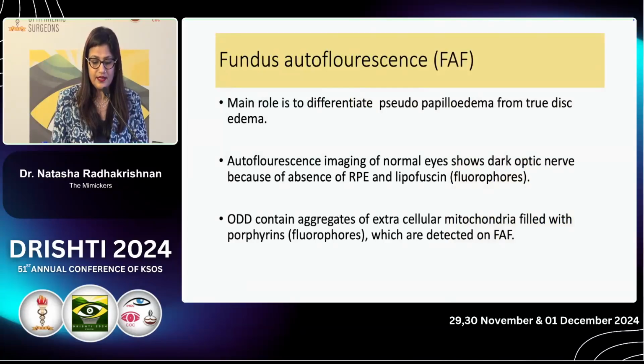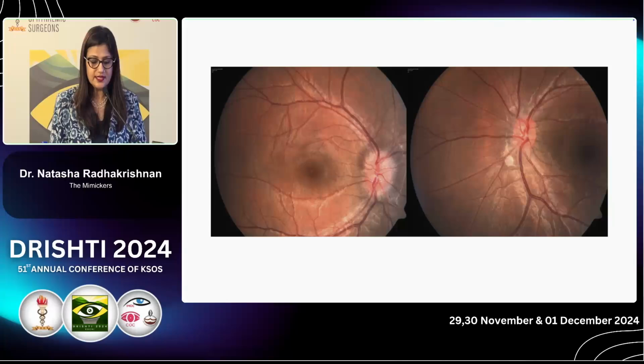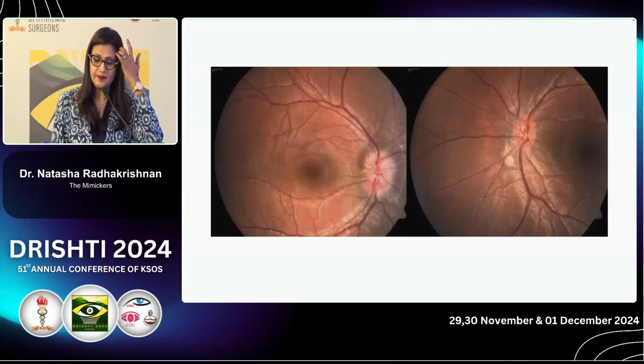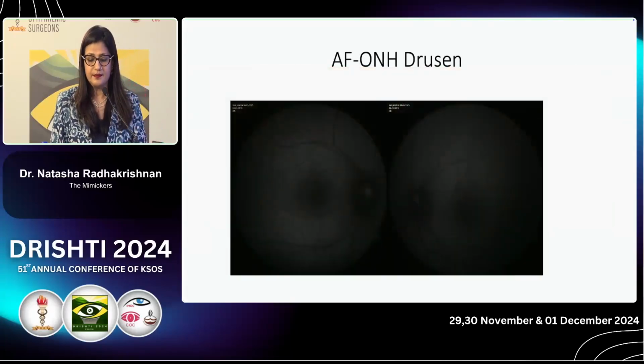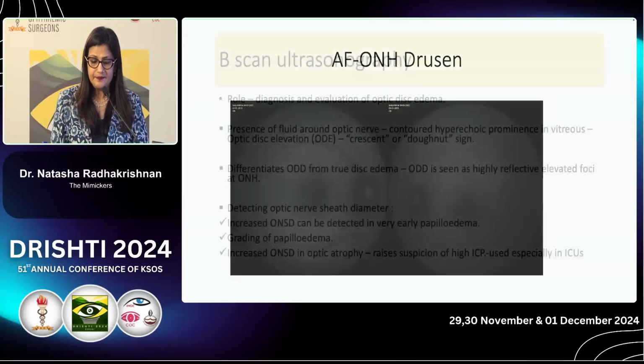The fundus autofluorescence is a very important tool to distinguish optic disc drusen from pseudopapilledema. The autofluorescence normally shows a dark optic disc because of the absence of the RPE and lipofuscin. However, in optic disc drusen, there are fluorophores that are detected on the autofluorescence. So this is a disc that actually looks like a very early papilledema, but on autofluorescence you can see the buried drusen on both sides.